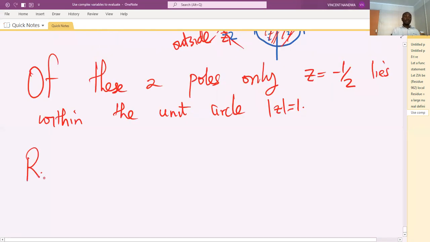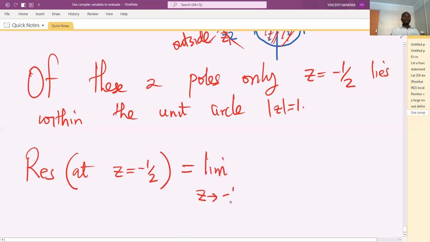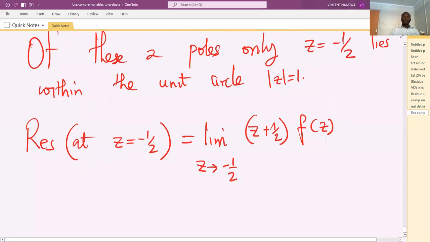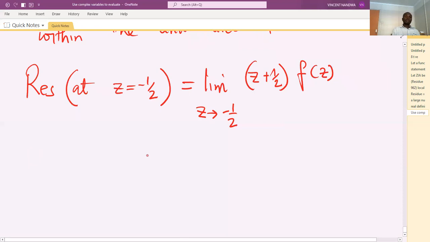Now residue at z equals to -1/2 by definition will be given by limit as z approaches -1/2 of z plus a half times f of z. Now I replace f of z in the equation.